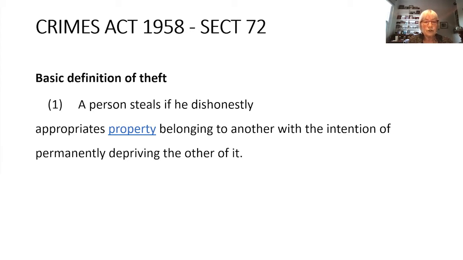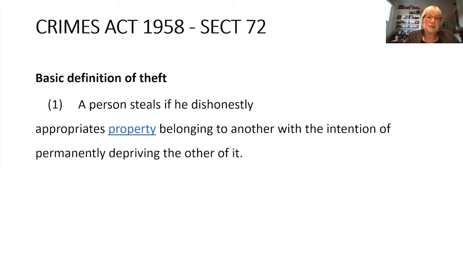And the prosecution has to prove all of those things beyond reasonable doubt. If the prosecution can't prove any one of those elements, then the accused is not guilty. So for the accused to be found guilty, the jury or the magistrate must be satisfied beyond reasonable doubt that all of those elements, all those three elements as I outlined them, have been made out beyond reasonable doubt.